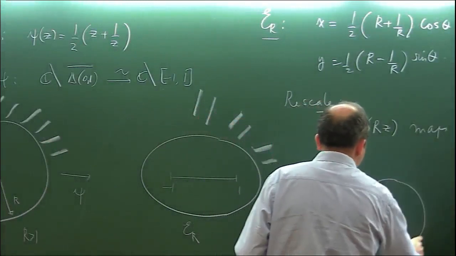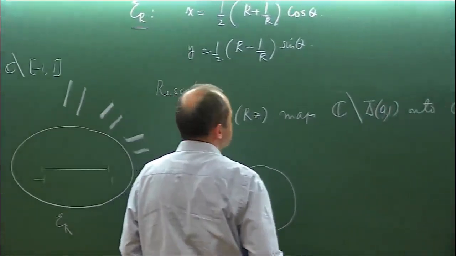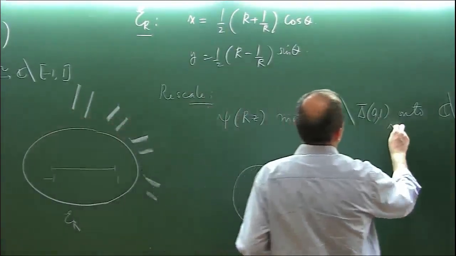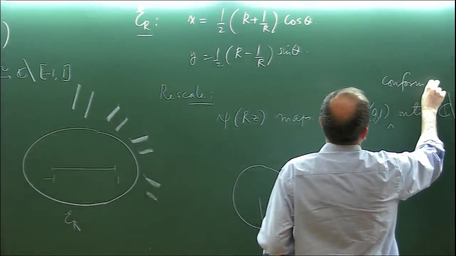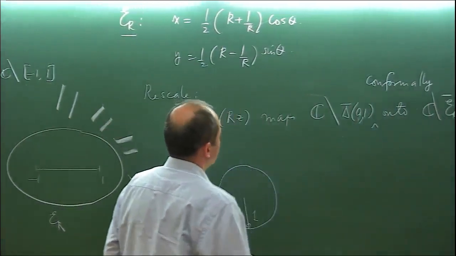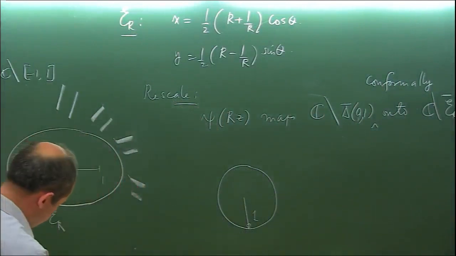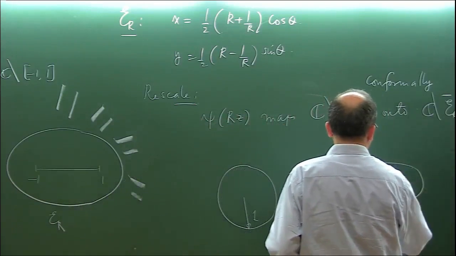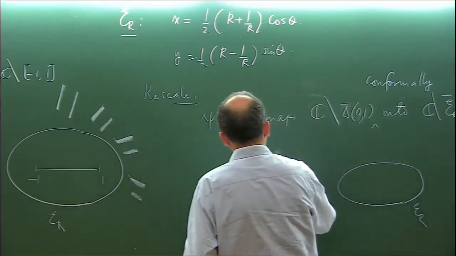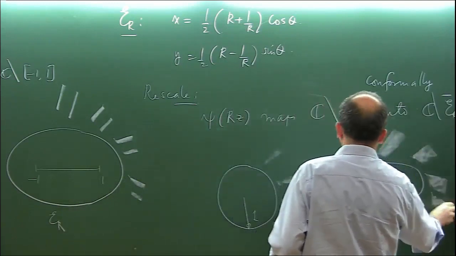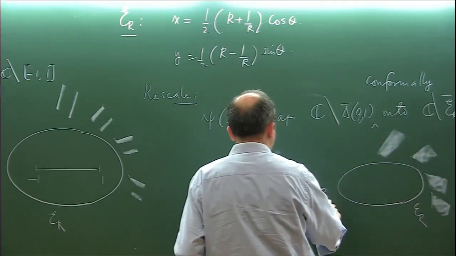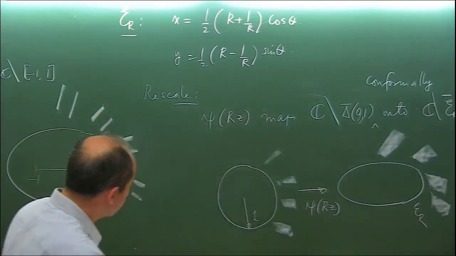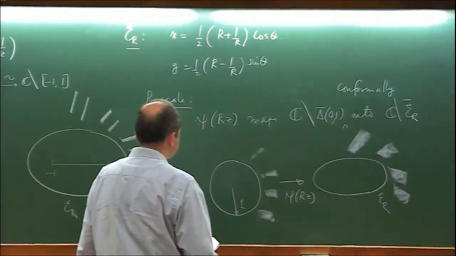So I'm now at radius 1. This is the map psi of rz.